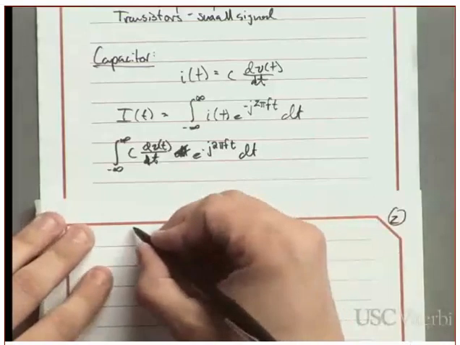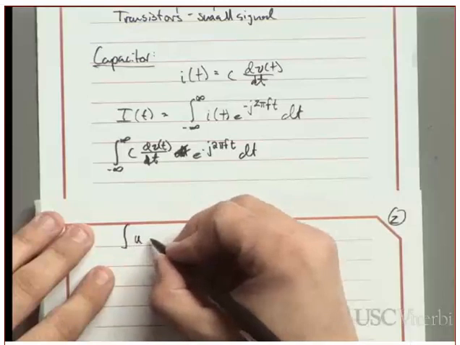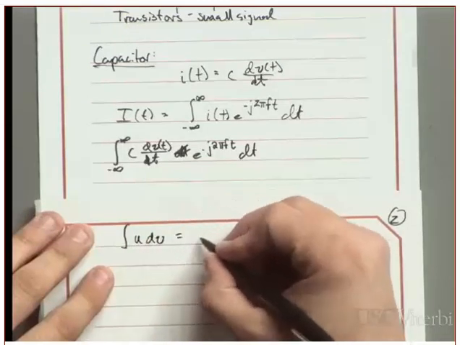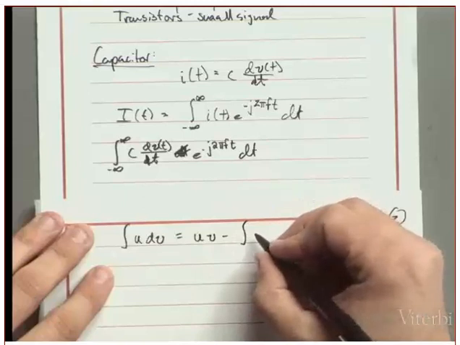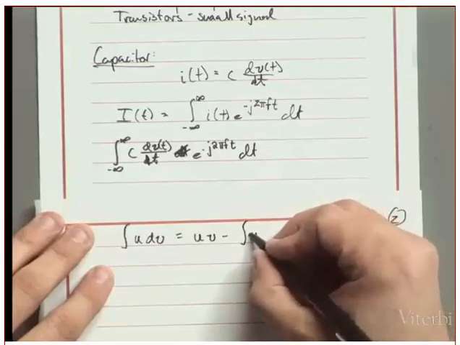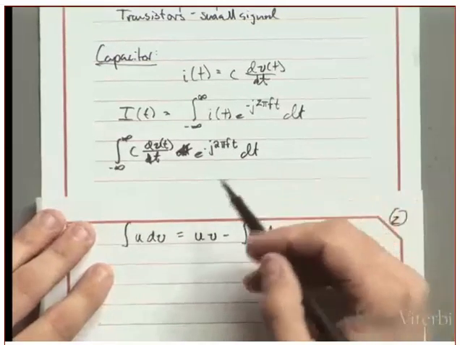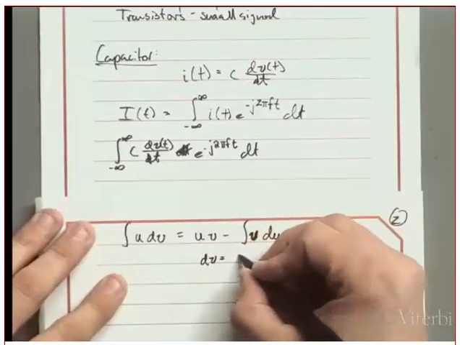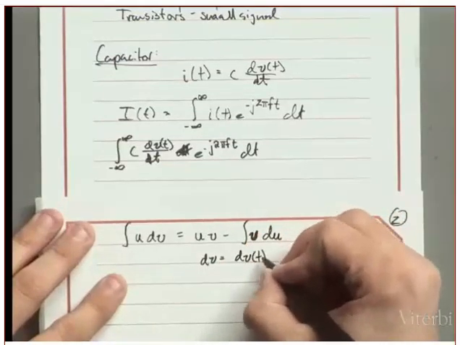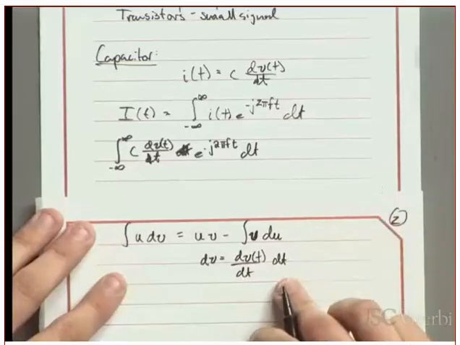So if you remember, integration by parts says you have the integral of u dv, and this is equal to the integral uv minus the integral of v du. So for this thing, I'm going to let dv equal the time derivative times the little integral part.